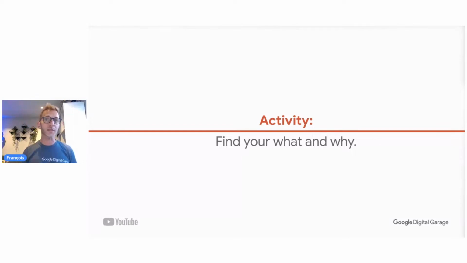Maybe my what is politics and my why is about sparking debate, right? So I just talk about this. My what could be about makeup. So my why is showcasing my talent as a makeup artist. So go back to the chat and just let us know what is, compared to yourself, your activity, your personal branding, what is your what and your why.